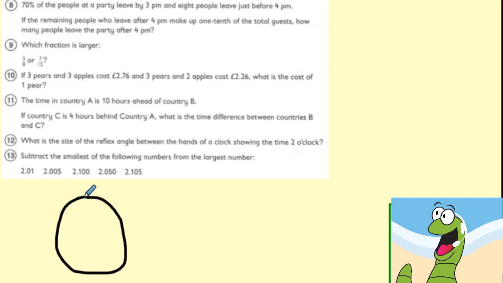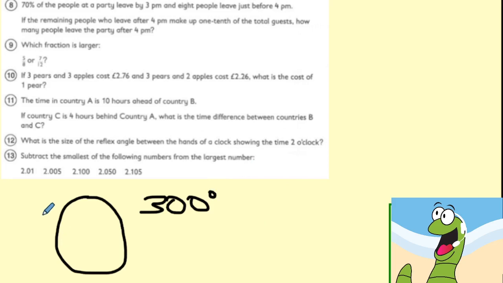So we're looking at 2 o'clock, so there are 10 times 30, so 300 degrees.